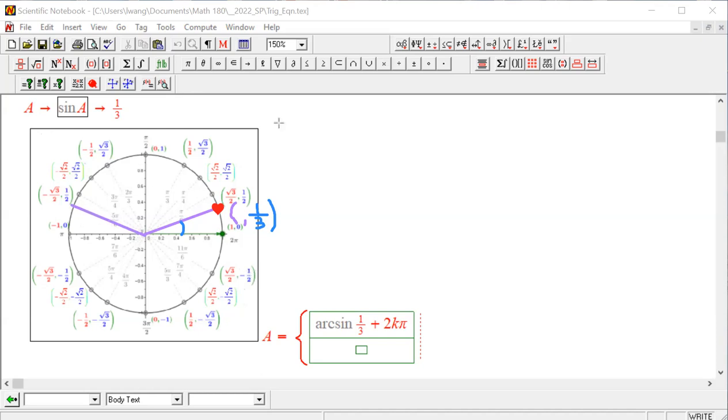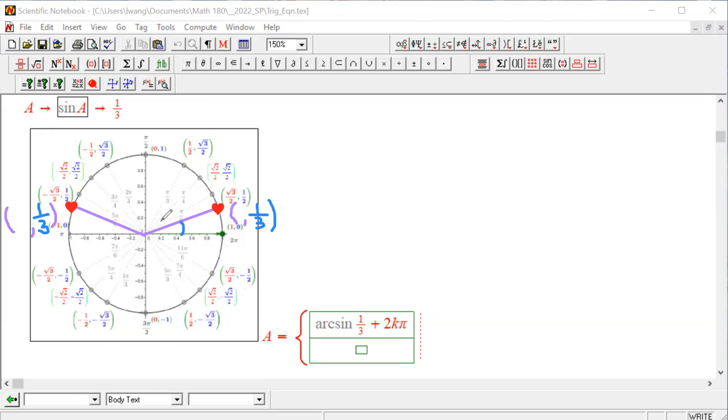This point also has a blue number, and the red number we don't care about. Sine is positive here.